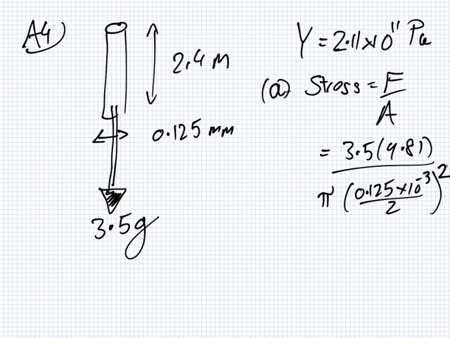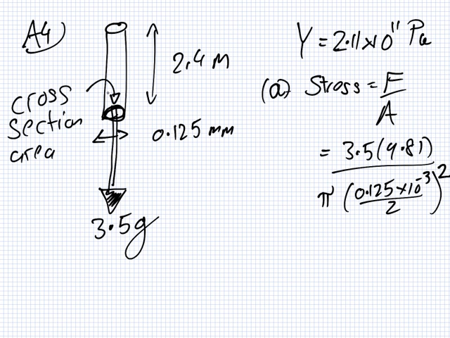The area is pi r squared, the area of the circle. We only use the cross section area.